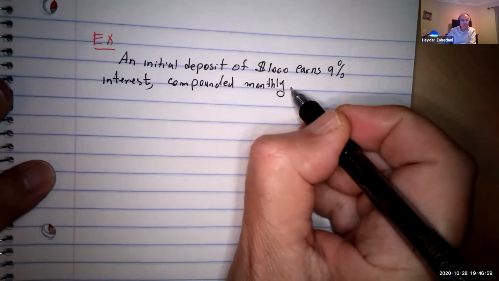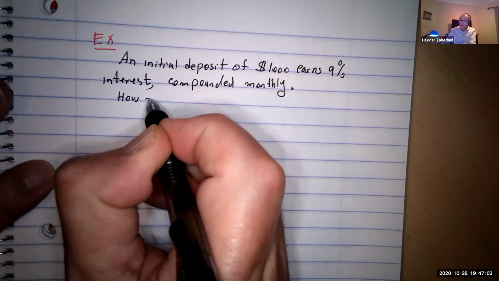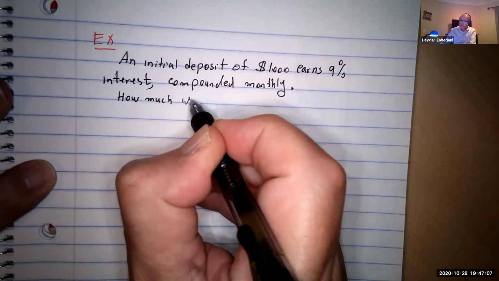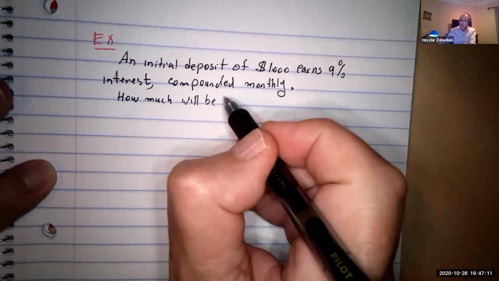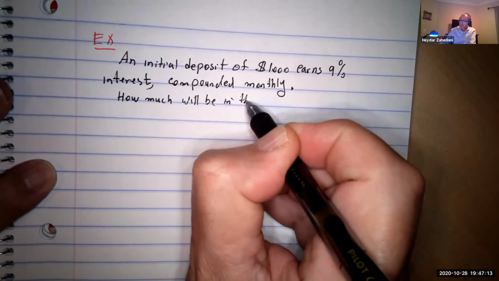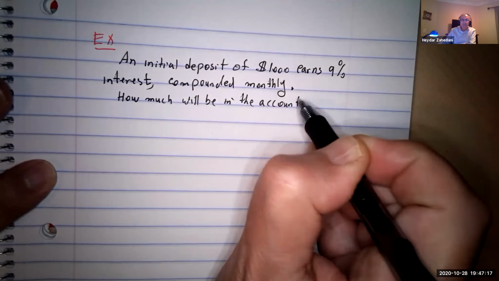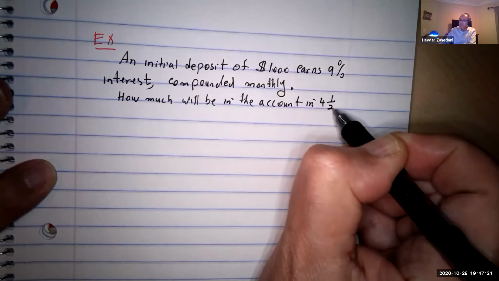So what is the question? How much money will be in the account in 4.5 years?